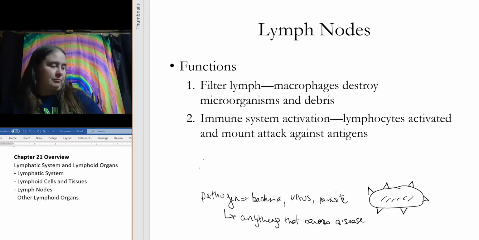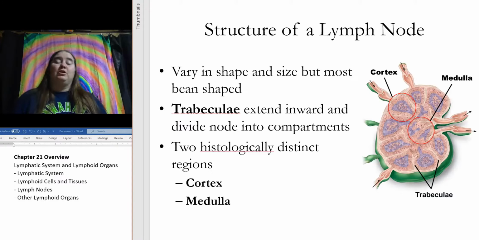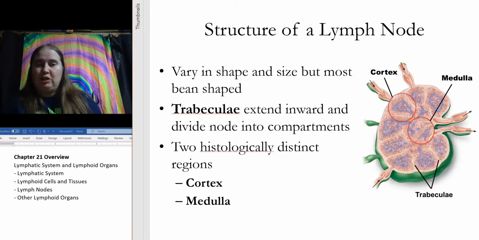So when we look at the structure of our lymph nodes, they vary in shape and size, but most typically have a kidney bean shape. The internal structure is divided up into what we call trabecula.